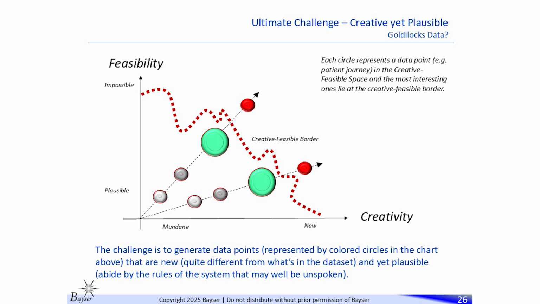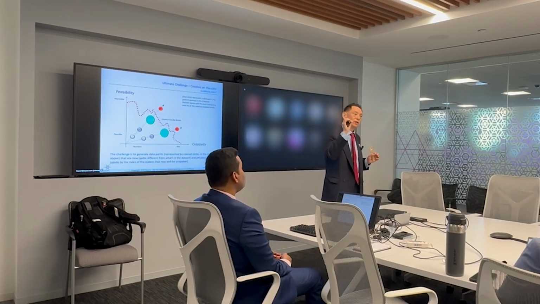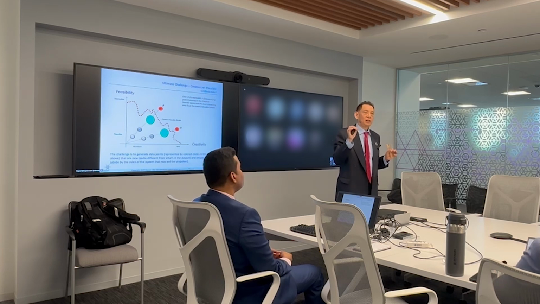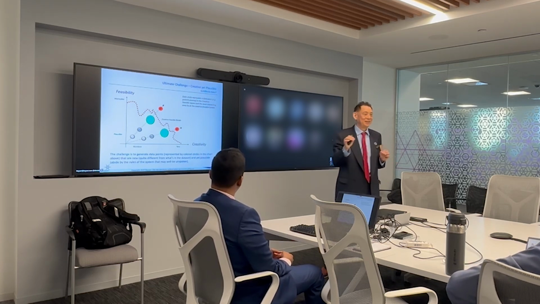So if I draw a red dotted line, it would live on the boundary. Those are the very interesting data points. You don't want to cross over, because those are unrealistic things that cannot happen. But you want to be creative, right? So that's, in my mind, the ultimate challenge of synthetic data. Be creative, but don't hallucinate. And it's difficult to do.